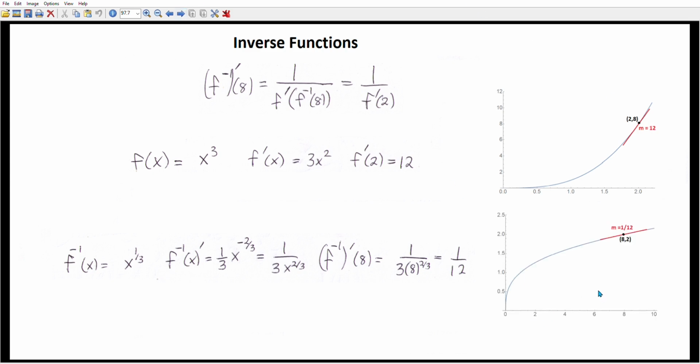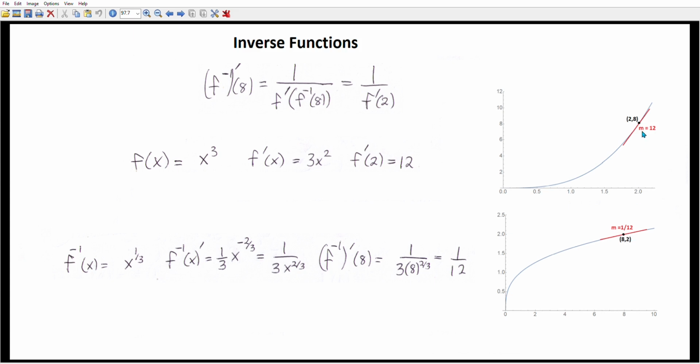And now we look at our picture here, and this is our point 8,2, and this is the place where the derivative of f inverse is 1/12. Then you can see essentially what's happened here. The point 2,8 on f corresponds to the point 8,2 on f inverse, because x and y switch roles.